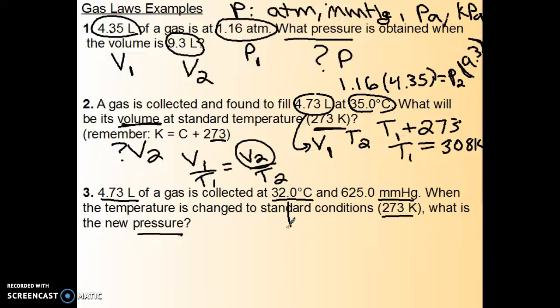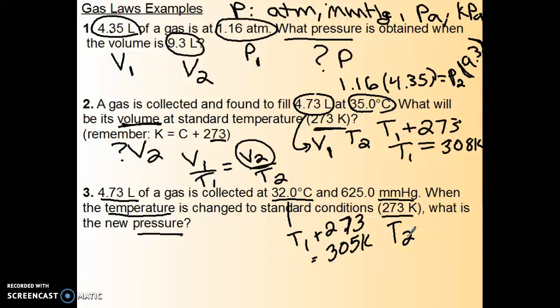We're going to be changing the temperature, so we know for sure temperature is going to be involved. So T1 was our 32, and T2 is this 273. We're going to have to convert this one to Kelvin, so let's add 273. You're always going to convert your temperatures to Kelvin, so this should be 305 Kelvin. And then we have 273 for the other one.